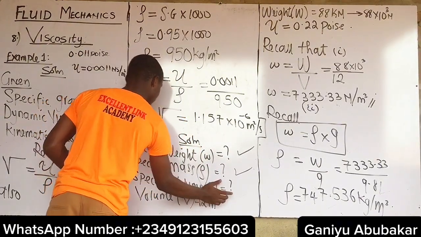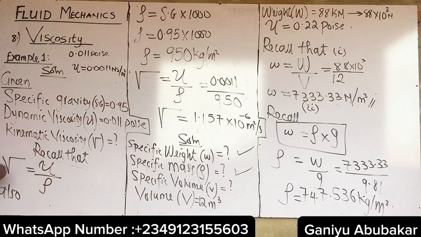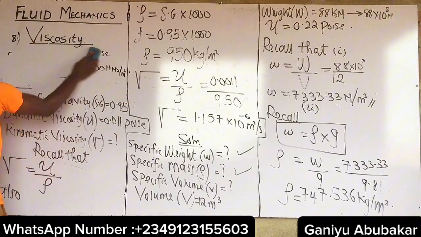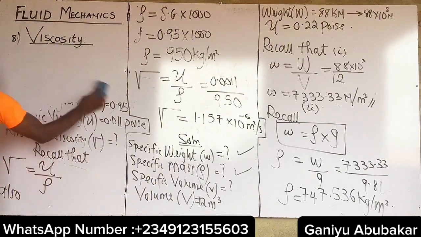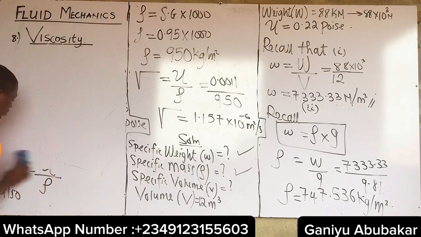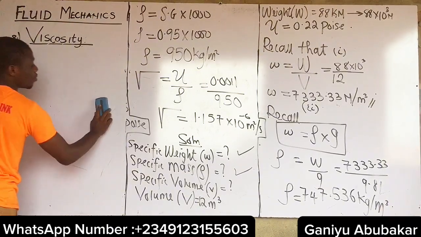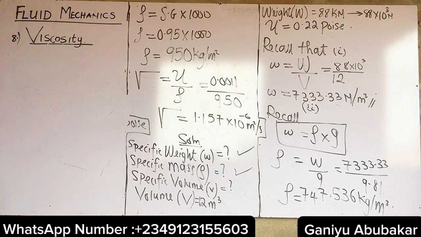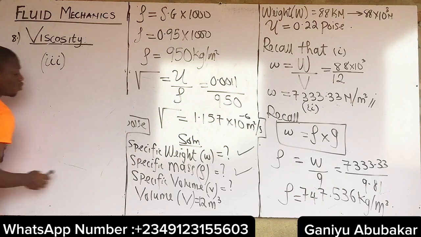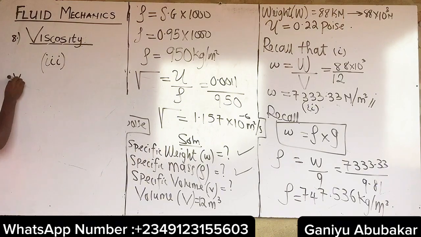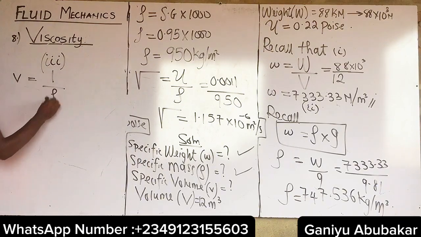So I'll get this one done. Let's finally get my specific volume and let's end today's class. For me now, calculating for specific volume. What we know before now is that specific volume, small v, is equal to 1 over rho.